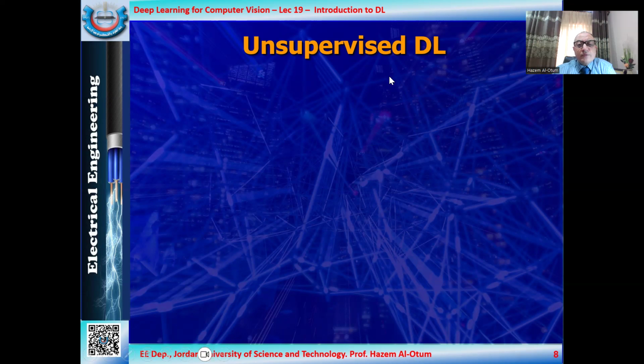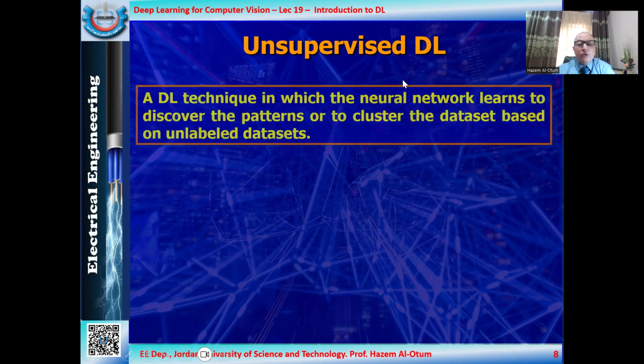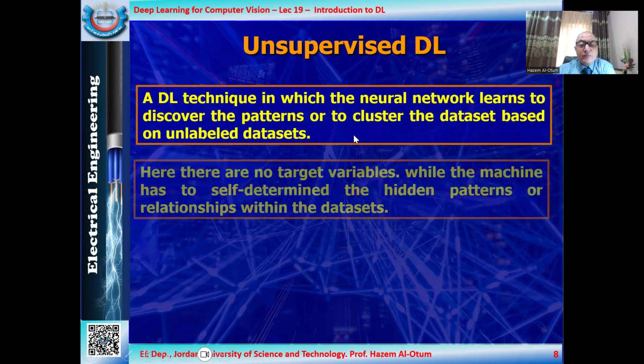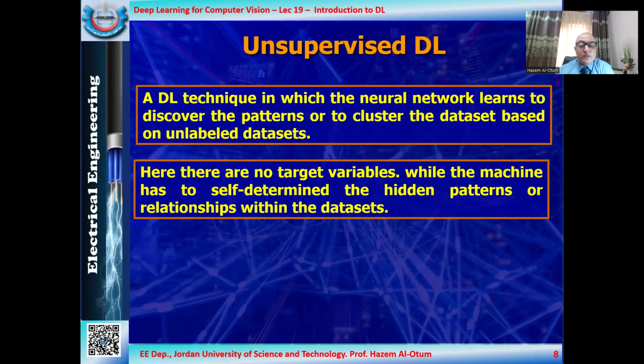In case of unsupervised machine learning, we know that the data is not labeled from the beginning, and you try to discover the patterns and the features of the inputs and to cluster the dataset, specifically for unlabeled data in this situation. Here there are no target variables, so you don't know exactly what the output will be or what the label of this input is.